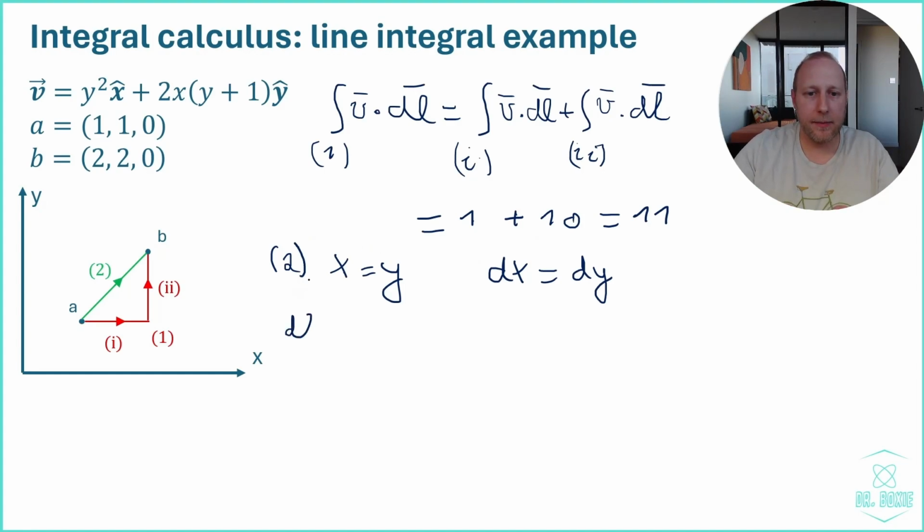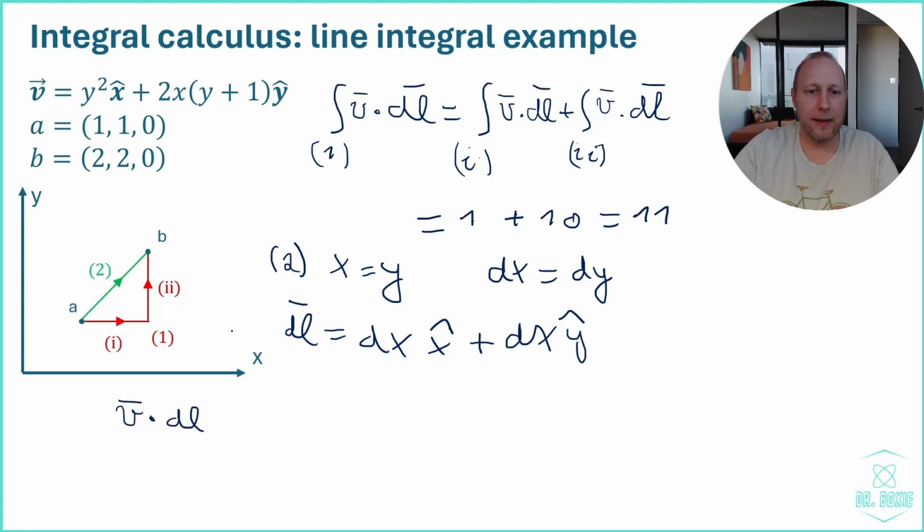So because of that, dl is equal to dx times x hat, plus we should have dy times y hat, but dy is equal to dx, so it's dx times y hat. Plus there is no dz term because there is no motion in the z direction.